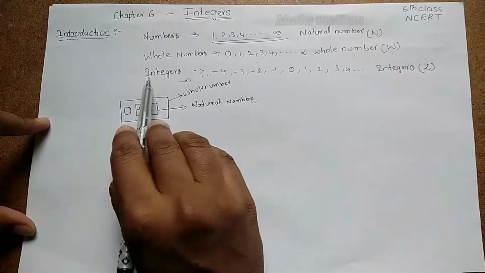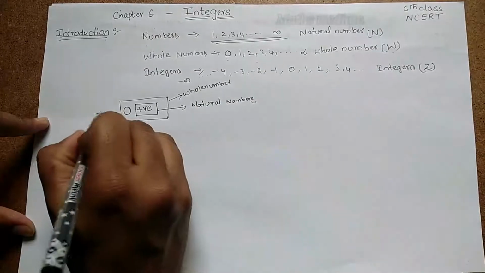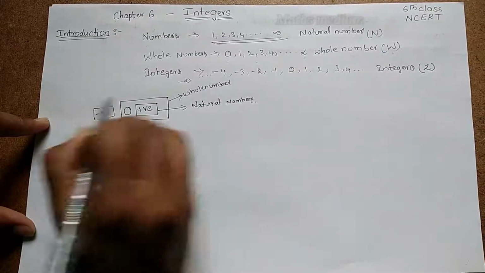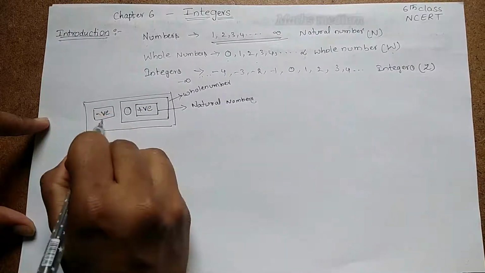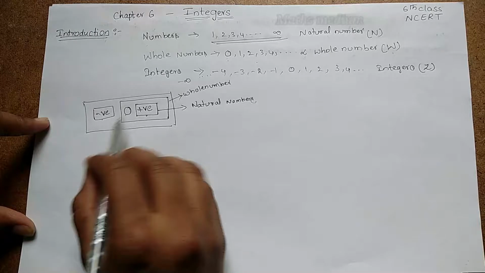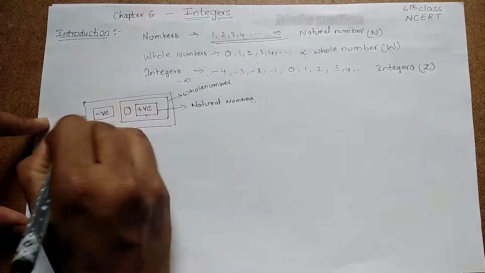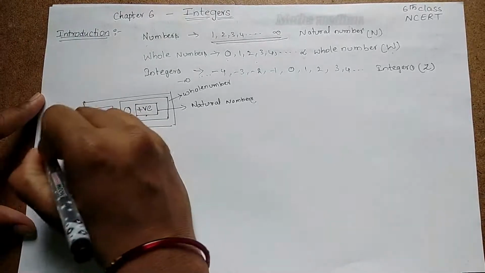Next, if we add negative numbers, so I am taking a negative box. By adding negative numbers and positive numbers with 0, in total we get what is said to be integers.